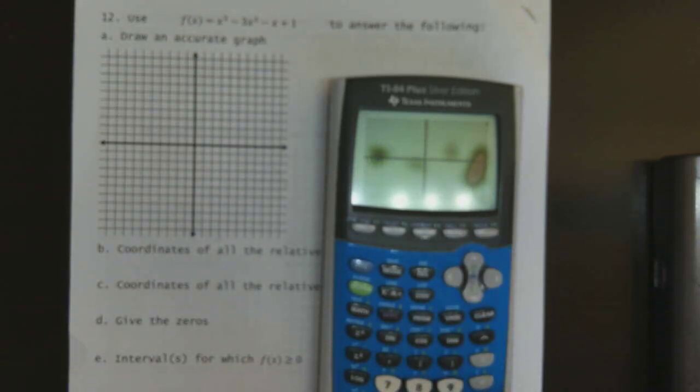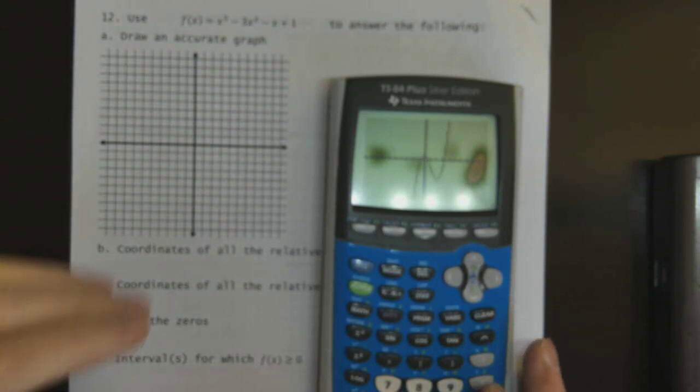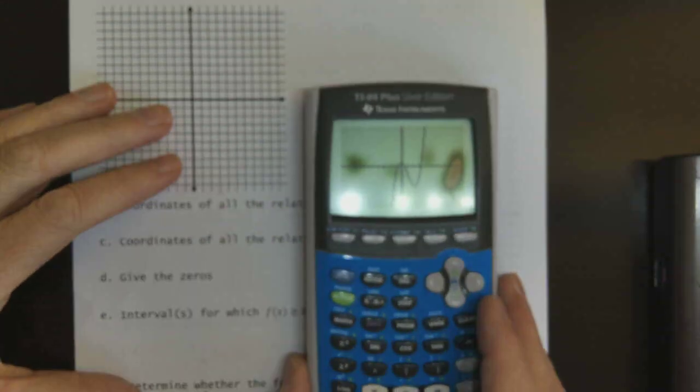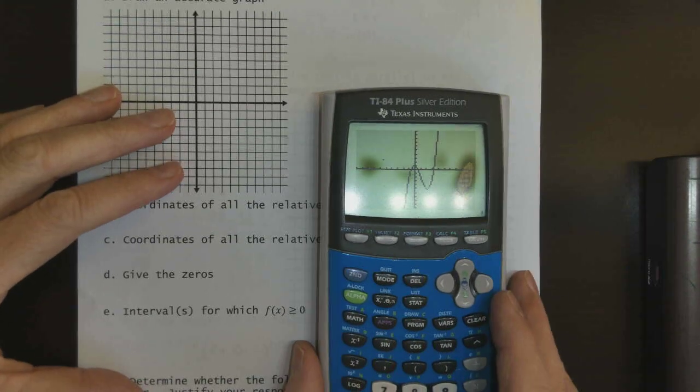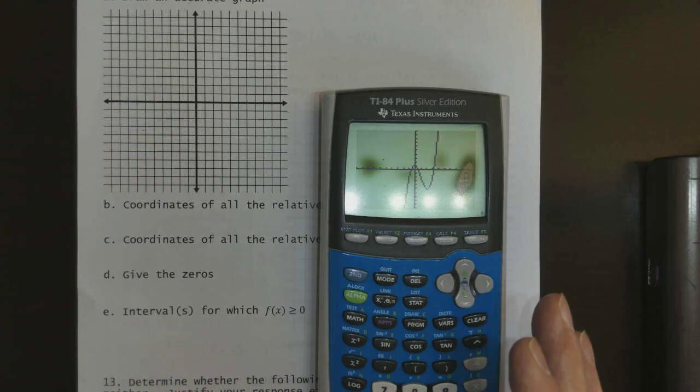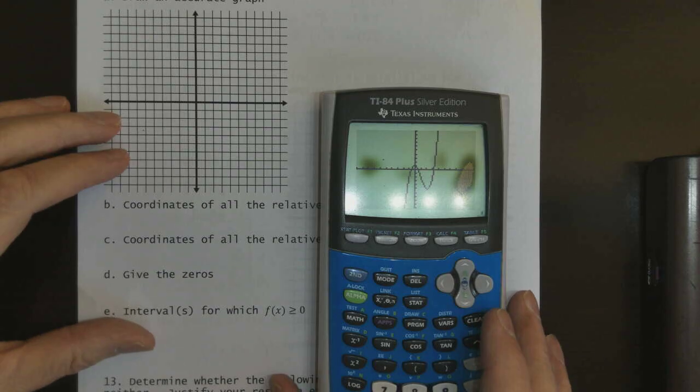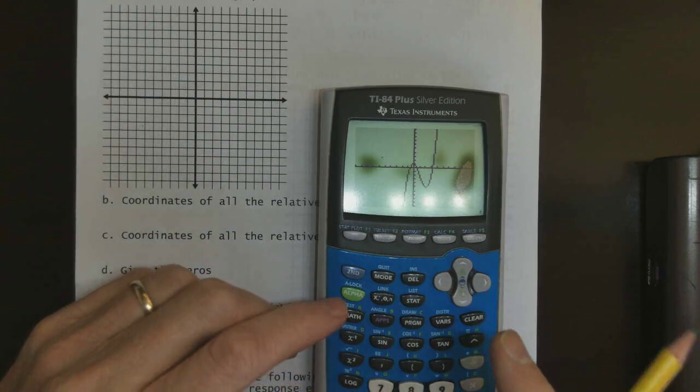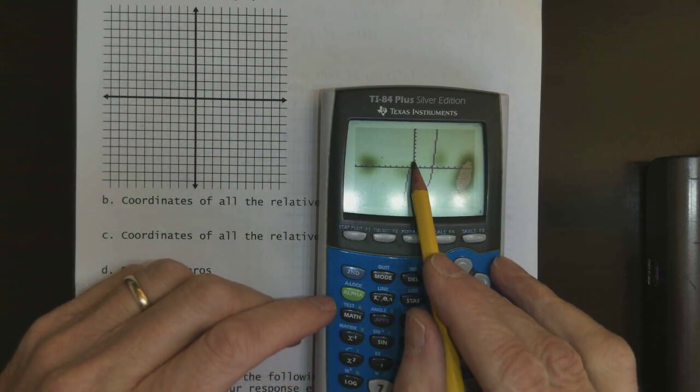I'm going to graph that. I need that point here.